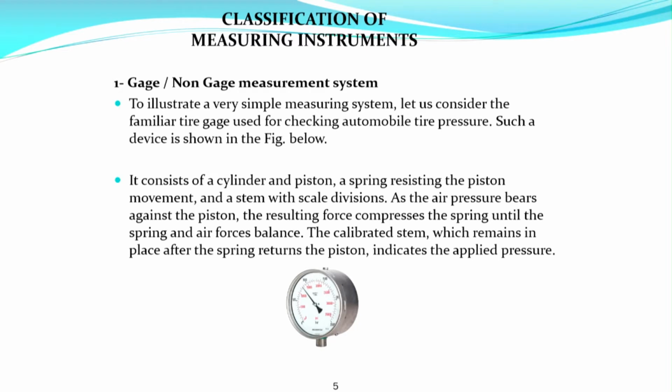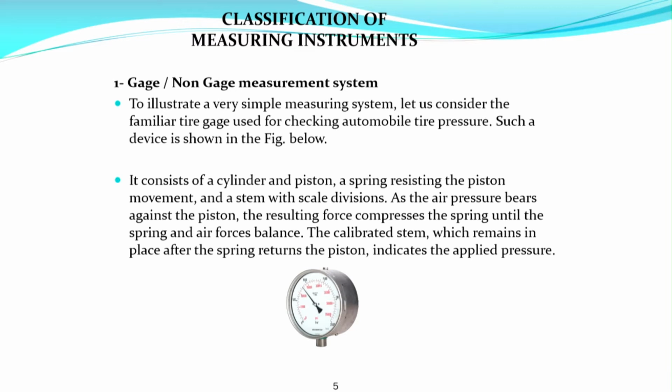First of these instruments, gauge and non-gauge measurement systems. Gauge, like in this picture, illustrates a very simple measuring system. Let us consider the familiar tire gauge used for checking automobile tire pressure. Such a device is shown in the figure below. It consists of a cylinder and piston, a spring resisting the piston movement, and a stem with scale divisions.